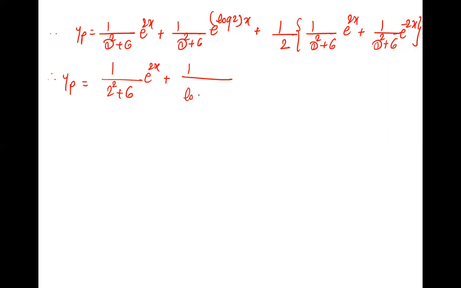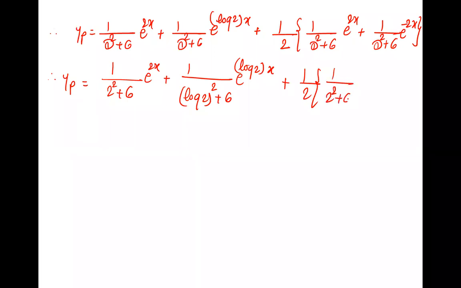Now it is log 2. So (log 2) square plus 6 into e raised to (log 2)x, which I can write as 2 raised to x. Again 1/2 as it is. Here D again is replaced by 2, so it is 2 square plus 6 e raised to 2x, plus here D is replaced by minus 2, so (minus 2) square plus 6 e raised to minus 2x.